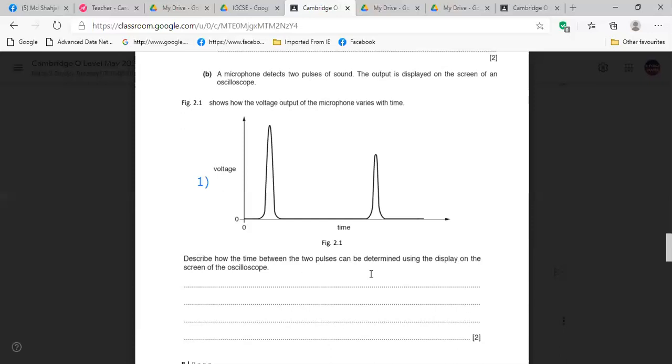Between two pulses, you write, other than writing peak, you write between two pulses. Multiply time base with number of divisions to get time between the two pulses.